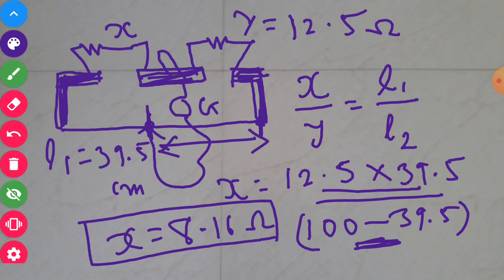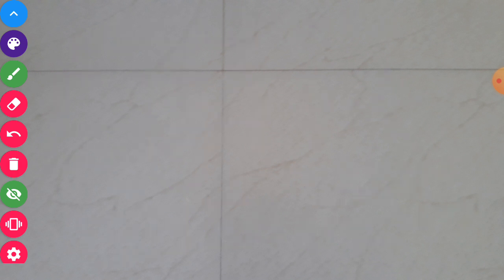Now the other part: determine the balance point of the bridge given above if X and Y are interchanged. Now you are interchanging X and Y. So X goes at this position and Y comes at this position. The whole picture is different now.